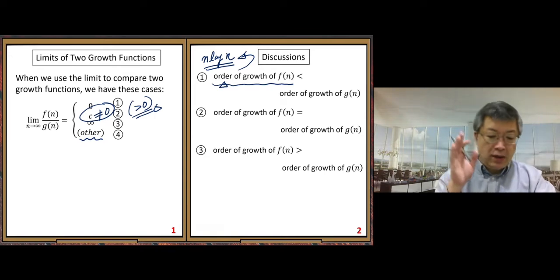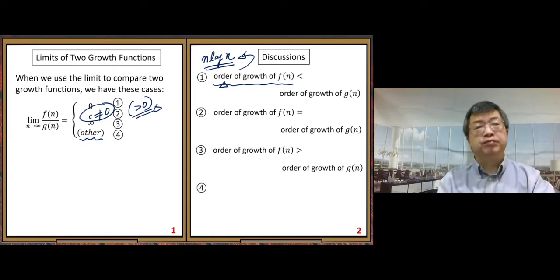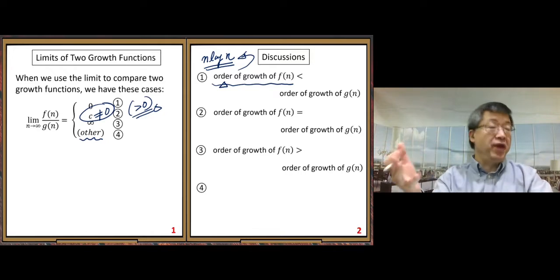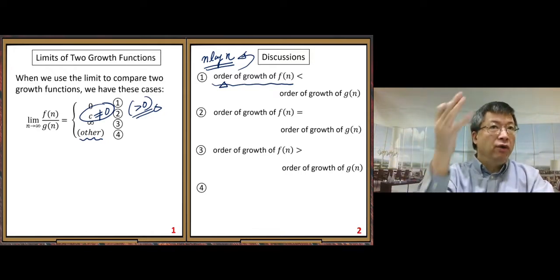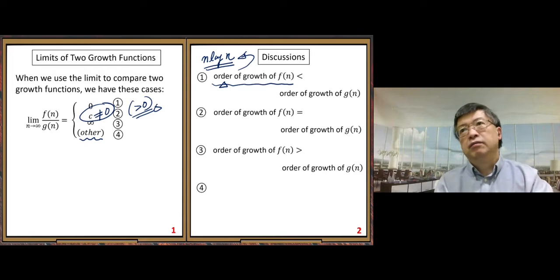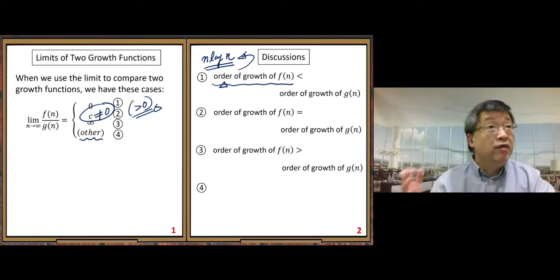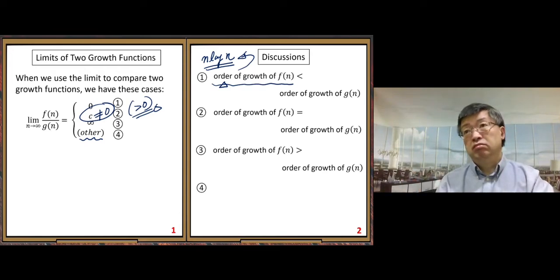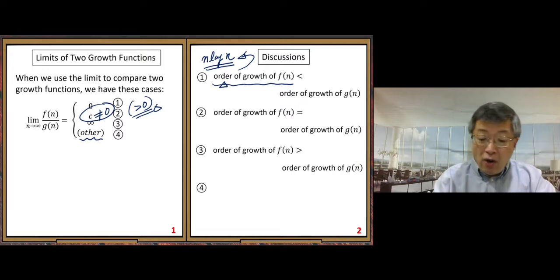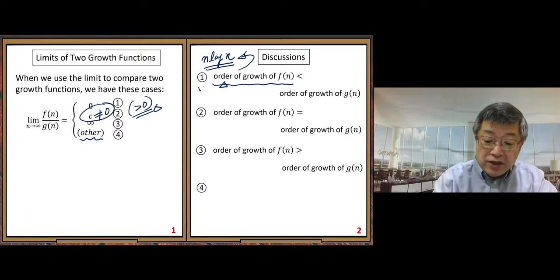But the last case, case number 4, it is very hard to say anything about order of growth, because we don't have enough information.